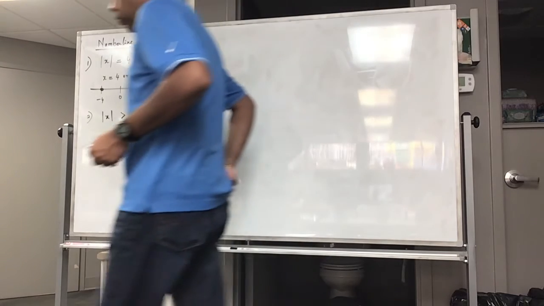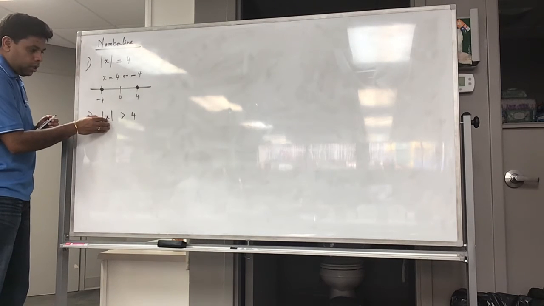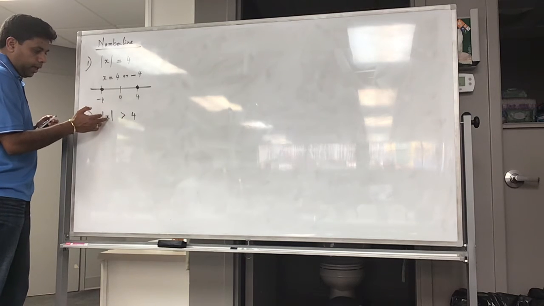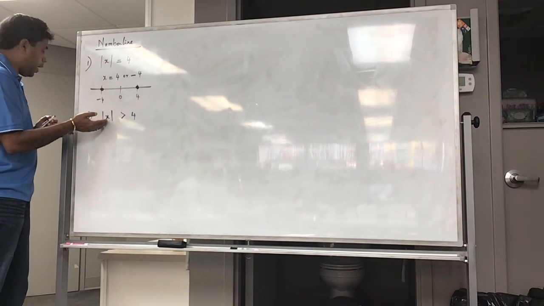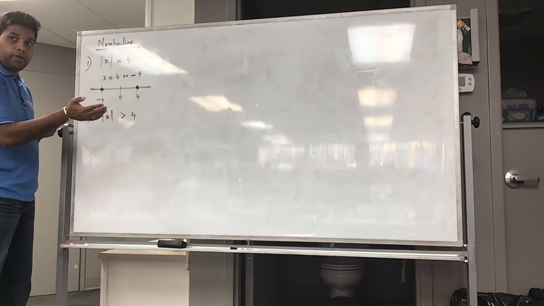All right, so when you have a greater than or a less than for an absolute function, you want to be a little careful. What it means is if I put a value of x, the absolute value of that must be greater than 4. So if I put 5, absolute value of 5 is 5, 5 is greater than 4. So it's good. Let's say we put x is equal to negative 6. Absolute value of negative 6 is 6. 6 is greater than 4.